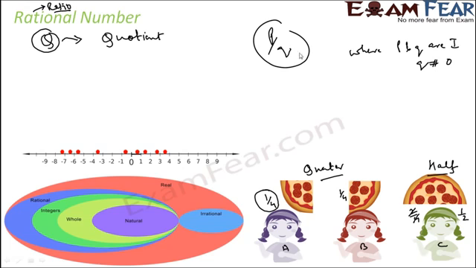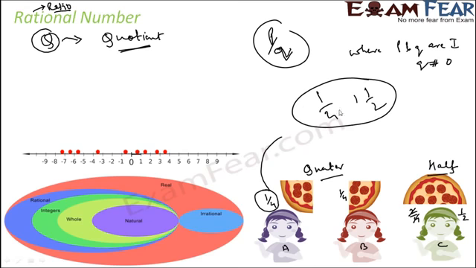If you make Q equal to 0, this becomes infinite, right? So a rational number came from ratio, because of the P by Q ratio, and it is all a quotient, right? So this quarter, half, these kinds of concepts we can represent using rational numbers. So 1/4, 1/2, these are examples of rational numbers.